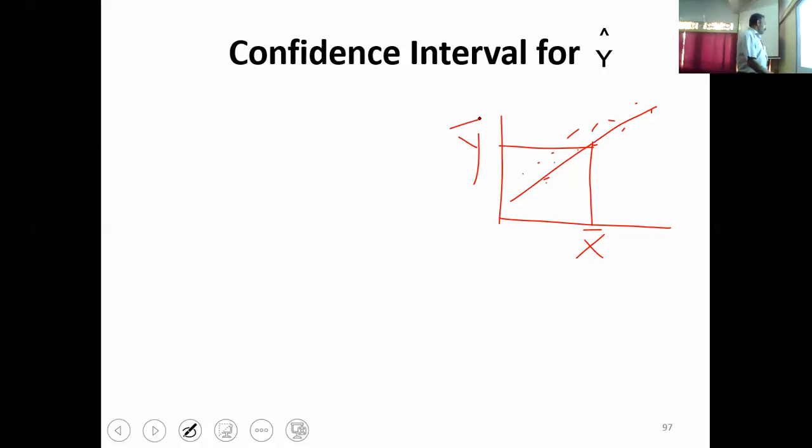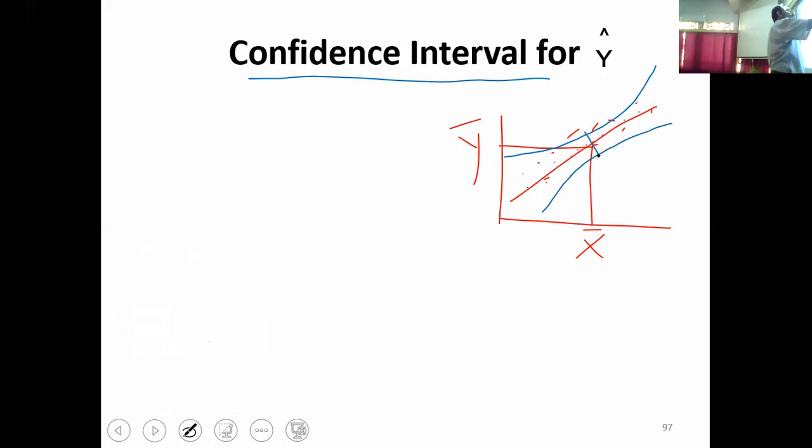Normally, if you draw the predicted line, if you draw the confidence interval for each of these observed values, usually the confidence interval is like this. So the shortest confidence interval coincides with the x bar and y bar.